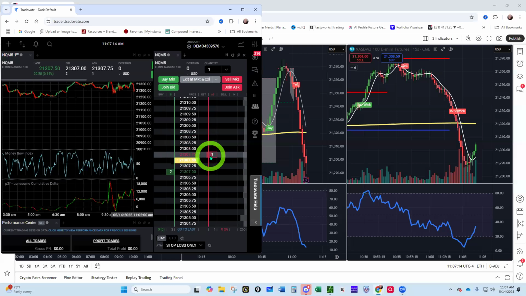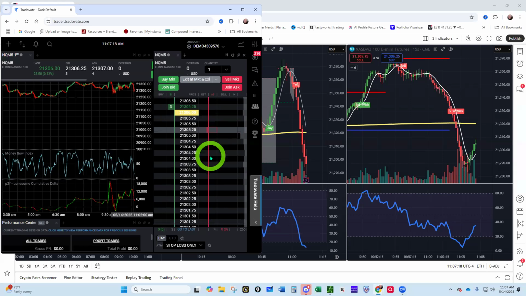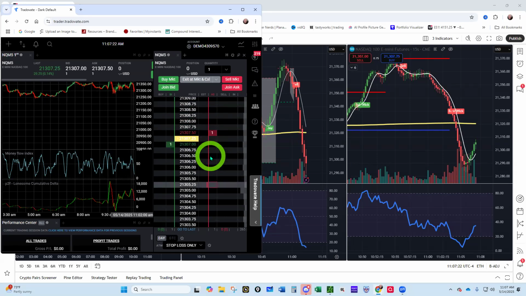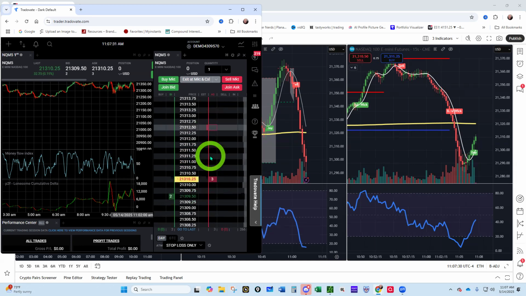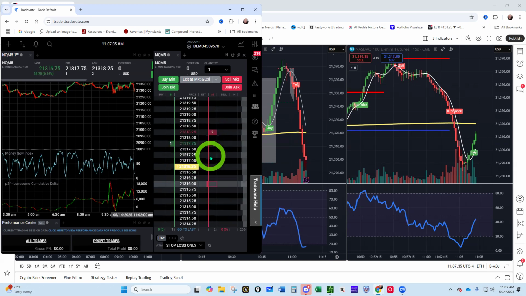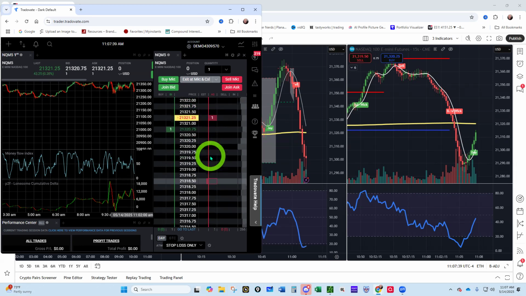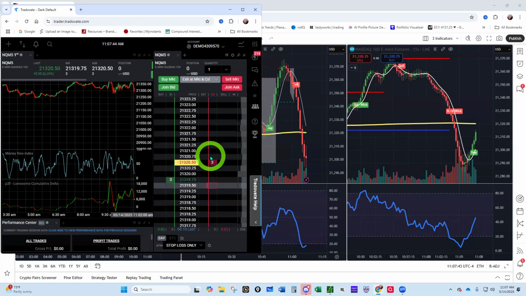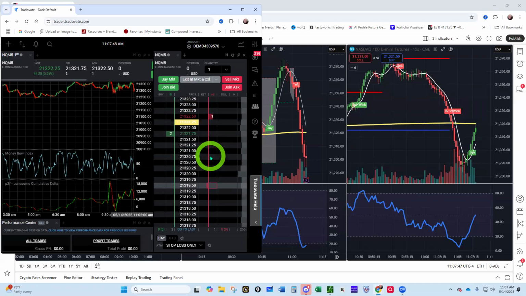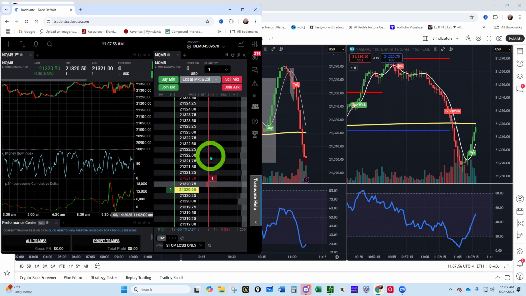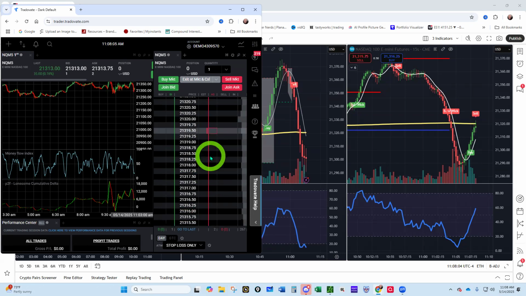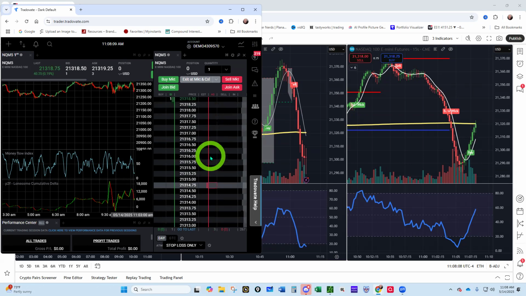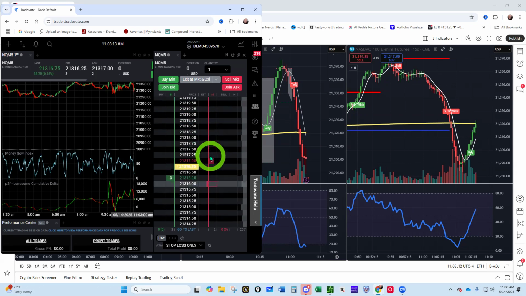Probably fixing to get a buy on the 15-second. There it is. Trying to screen back up towards VWAP, but I don't know if we'll make it.